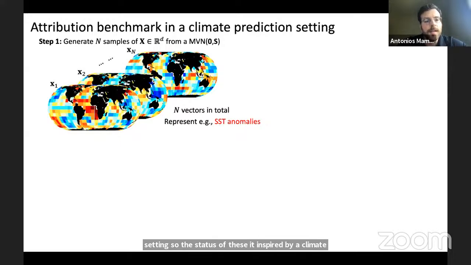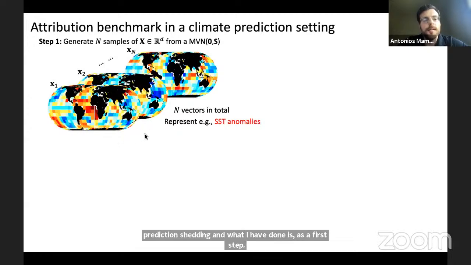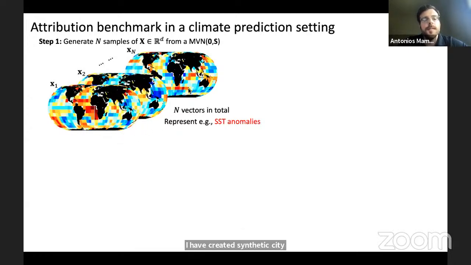And what I have done is, as a first step, I have created a series of synthetic fields from a multivariate normal distribution. And these fields are supposed to represent SST anomalies, for example. And so each map here represents a month of SST anomalies or an independent time scale. This is arbitrary.